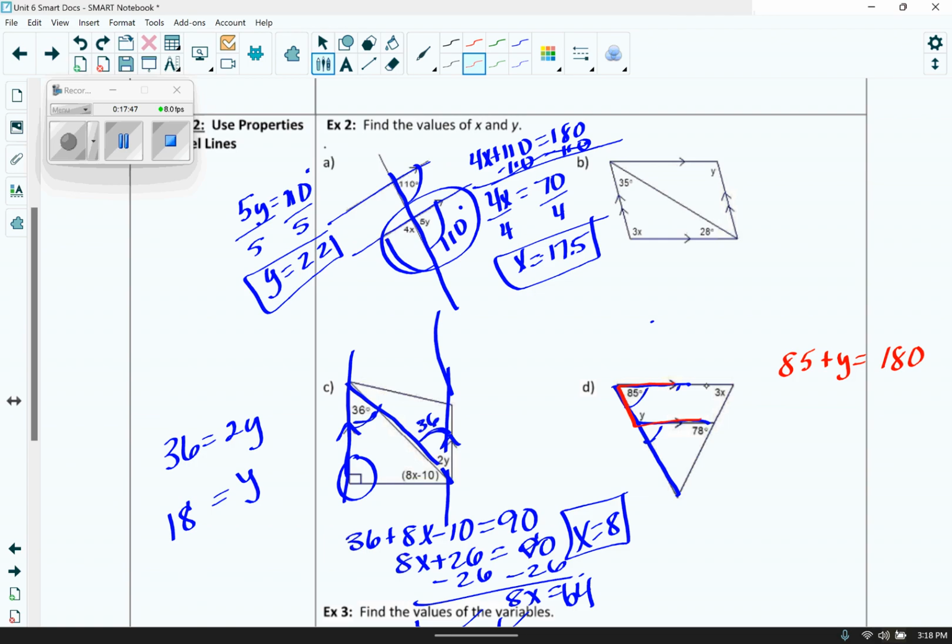I can then do that backwards F right here and say that 3x is equal to 78. And I can divide by 3 on each one. Y equals 95. And over here, x is equal to 26.